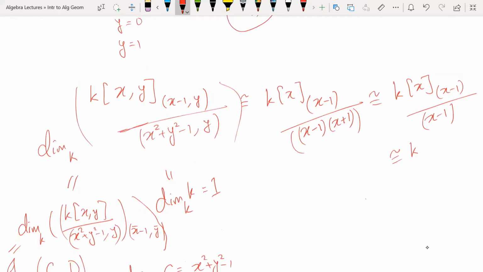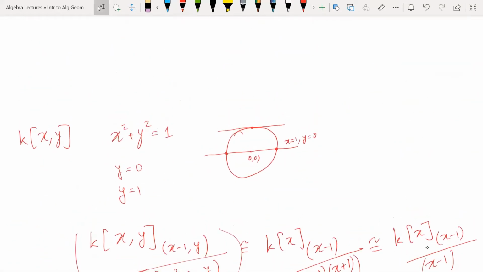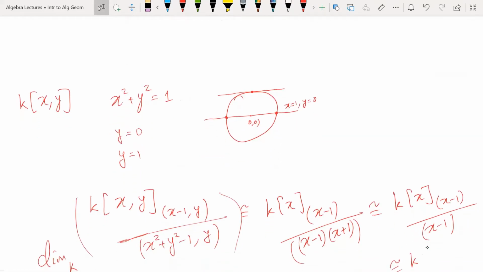We expected it to be 1, and we got 1. Similarly, we will do this calculation a little more rapidly here.